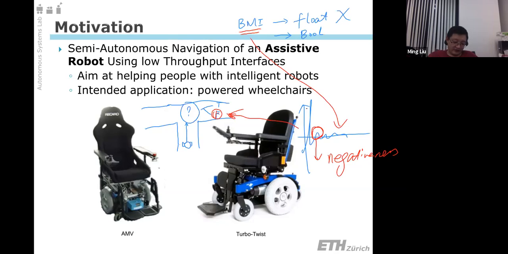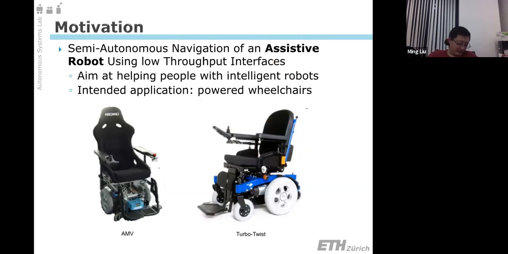And when you put this in the real application, it's more like this. Let's draw an easier version.